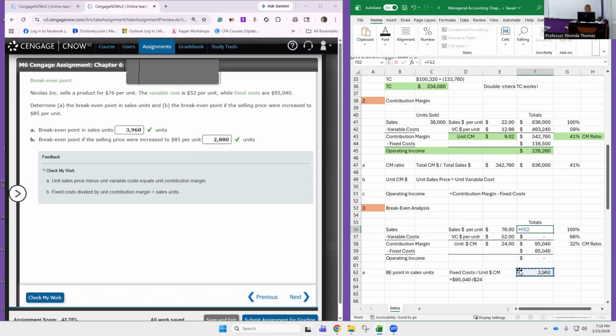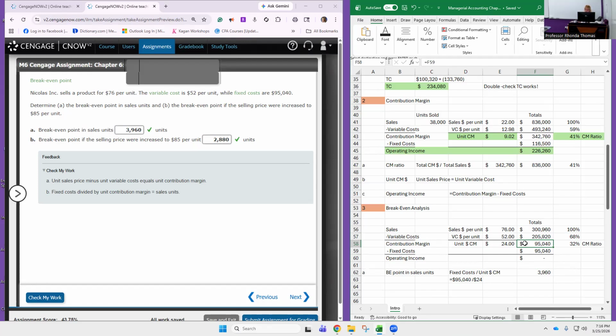So that times the sales price, $300,960. Now we can find our variable cost if we needed to, which is the sales minus the contribution margin.